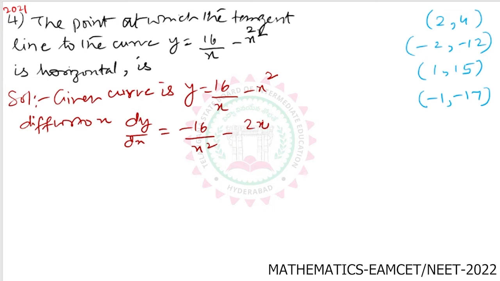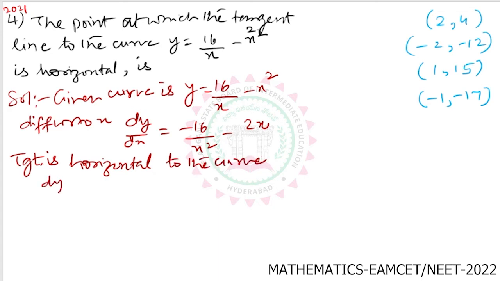Okay, so according to the problem, tangent is horizontal to the curve means dy/dx = 0.